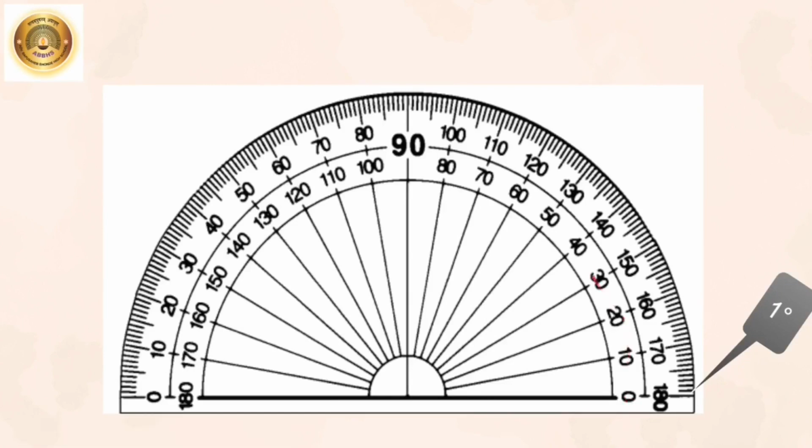If you follow this, it will come to 180 at the other end. Same way you can find a 0 at the other end, and if you follow its path, you will reach 180 at the other end. So if this is 1 degree, the next small line is 2 degree, etc. What is the measure here? Yes, it will be 90 degree.